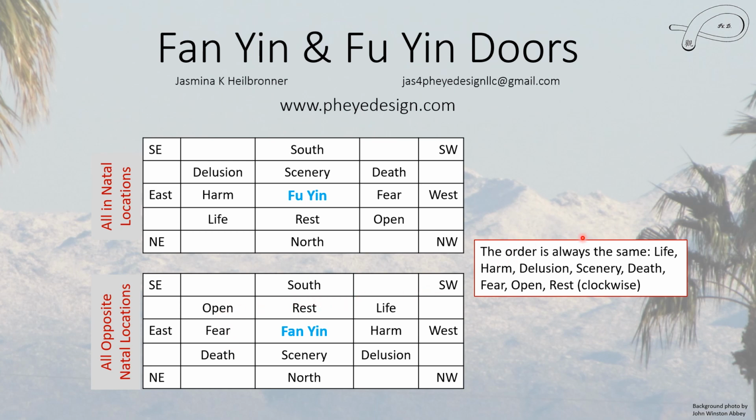And because this always is this way, once one thing is flipped, like here we have scenery and rest, rest and scenery, when one thing is flipped, everything has to be flipped because there's a set order. And so, of course, if you were to move this just one space clockwise or one space counterclockwise, you're not going to be in either of these conditions. You're just going to have a standard chart.